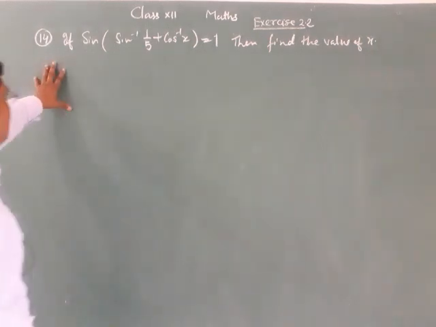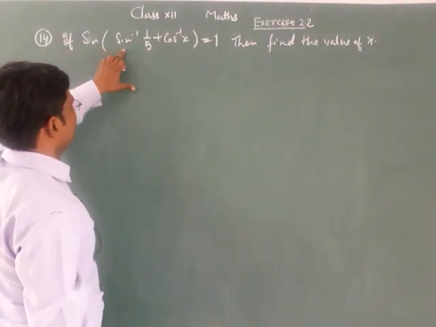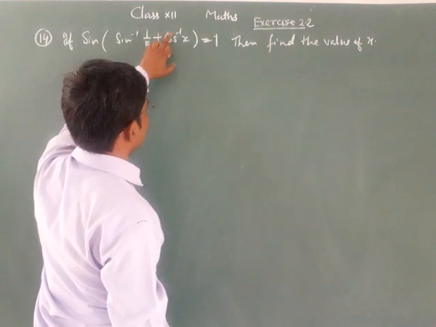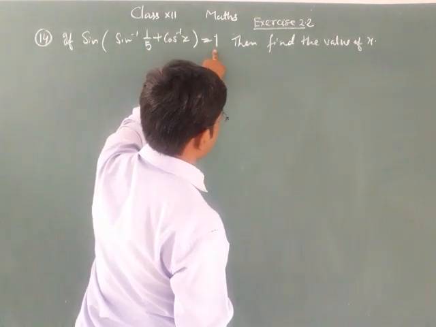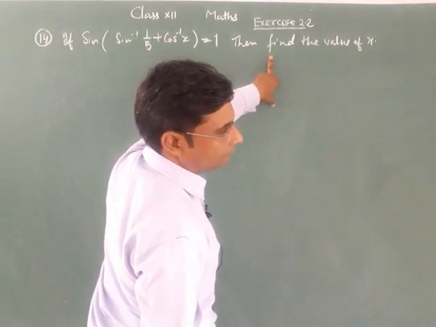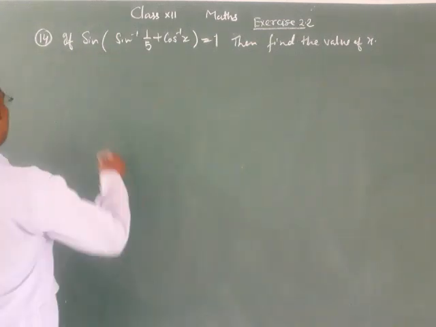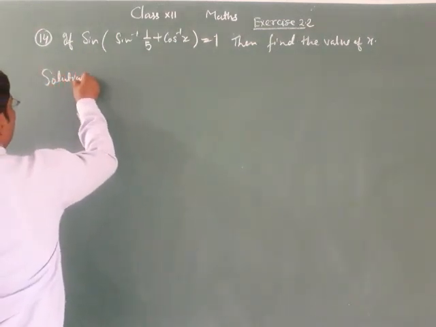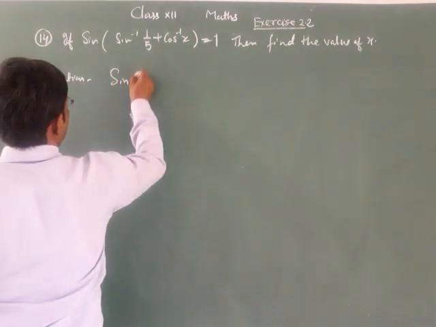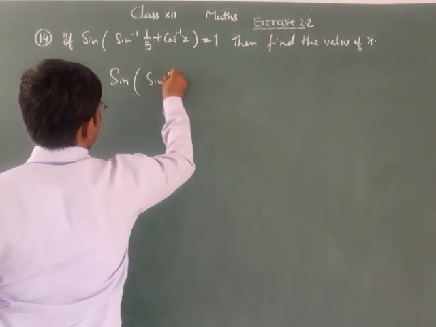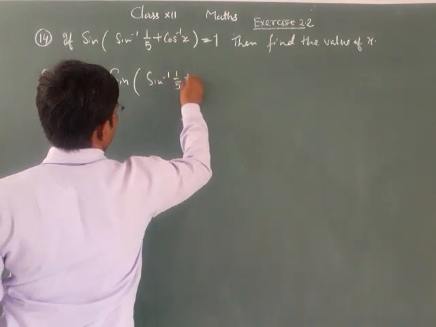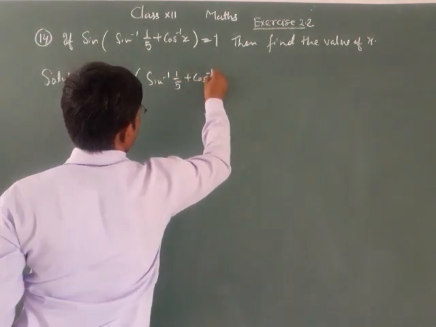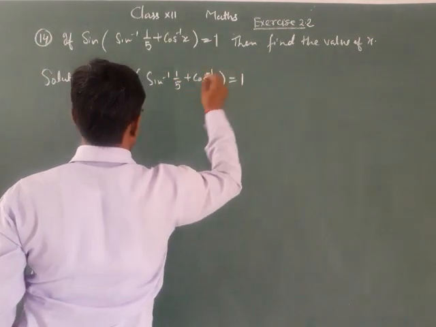Question number 14. If sin(sin⁻¹(1/5) + cos⁻¹x) is equal to 1, then find the value of x. Solution: given sin(sin⁻¹(1/5) + cos⁻¹x) = 1.